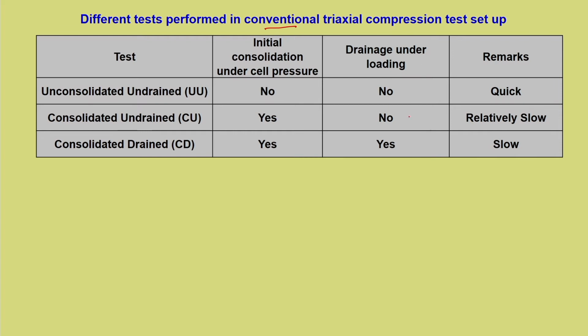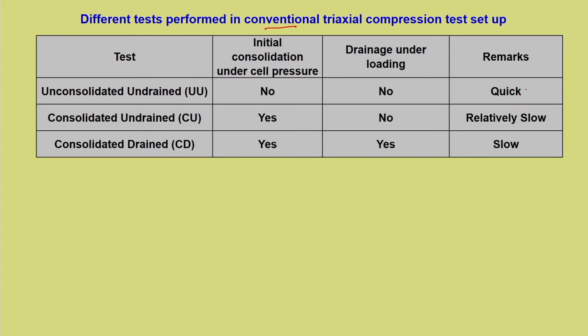Whereas in the loading, that is the shearing stage, it is not. The drainage valve is closed and hence it is a completely undrained condition. In CD, the drainage valve is not closed: during confinement it is open and during shearing also it is open, and hence there is volume change during both stages.